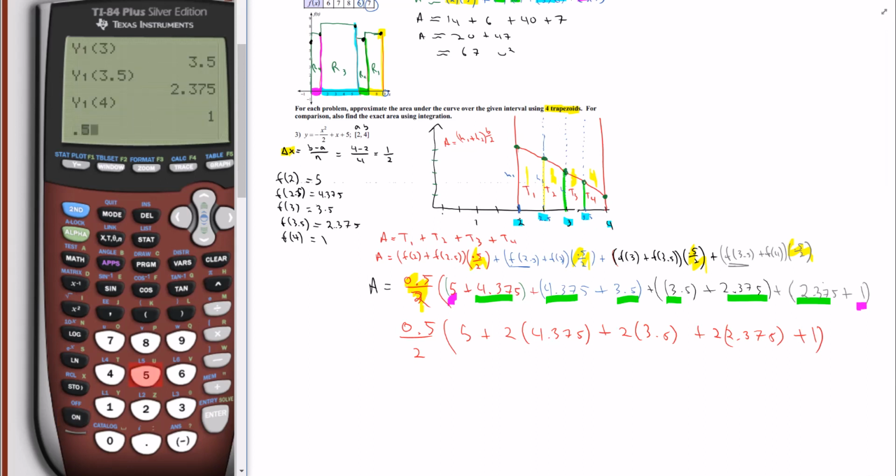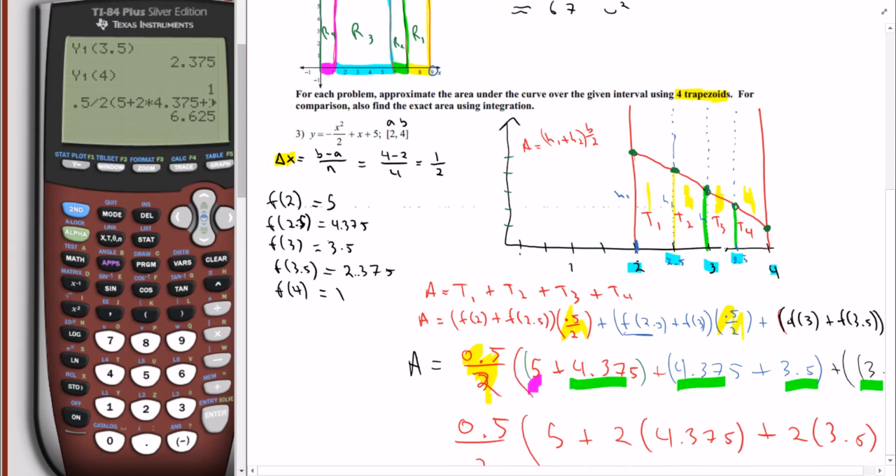We're going to do 0.5 divided by 2, parentheses, 5 plus 2 times 4.375 plus 2 times 3.5 plus 2 times 2.375 plus 1. And we're getting 6.625.